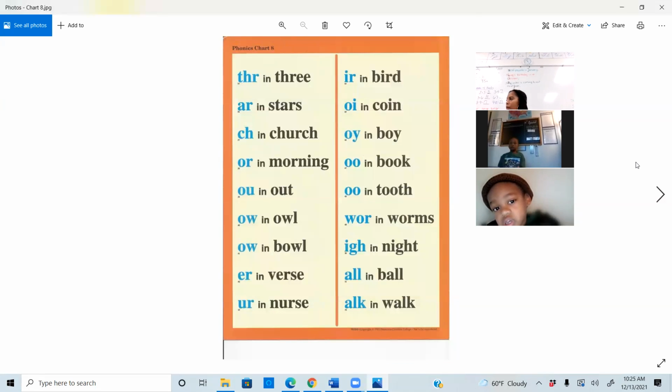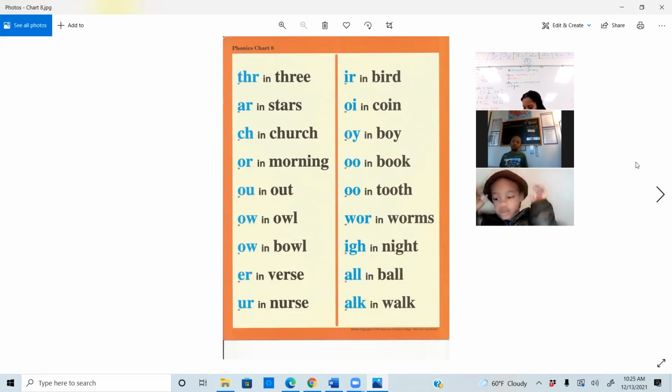Okay, on 3, 1, 2, 3. THR says thr, and three. AR says ar, and stars. CH says ch, and church. OR says or, and morning.